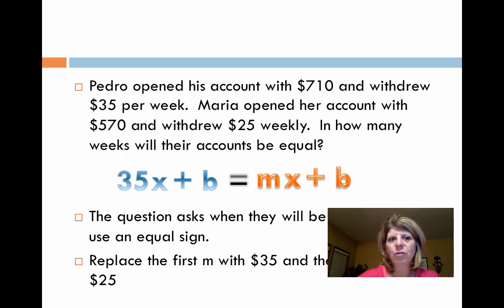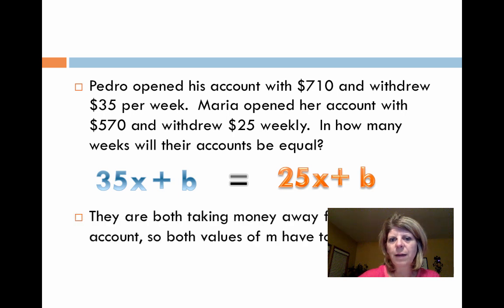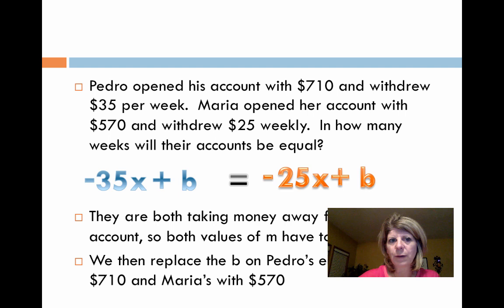Every week, Pedro is withdrawing 35 and Maria's withdrawing 25. Now think for a second here. I'm going to change this in a moment. But also we've got to think about with withdrawing, they're taking away money. So you need to have a negative on both of them. Now you could also rewrite this. Oh, hold on, I'm jumping ahead. We need to replace the B on Pedro's equation with his starting amount.